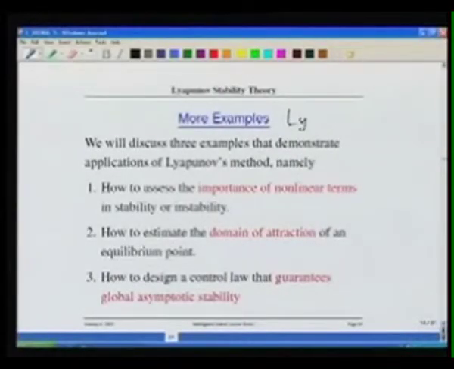Now, we will talk about examples for Lyapunov's direct method.